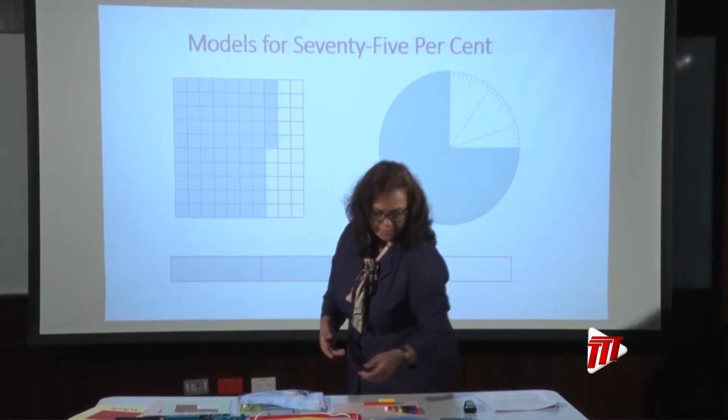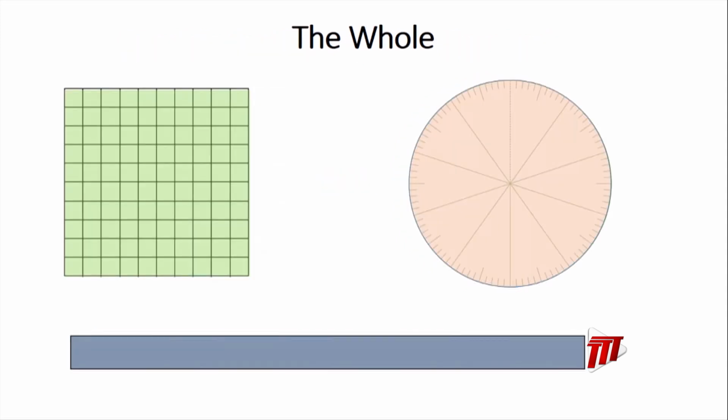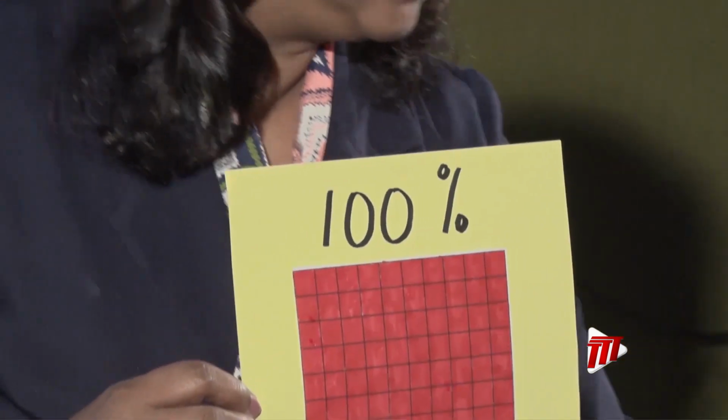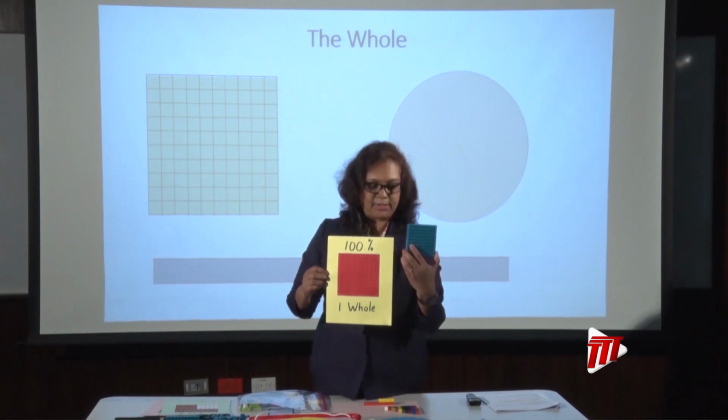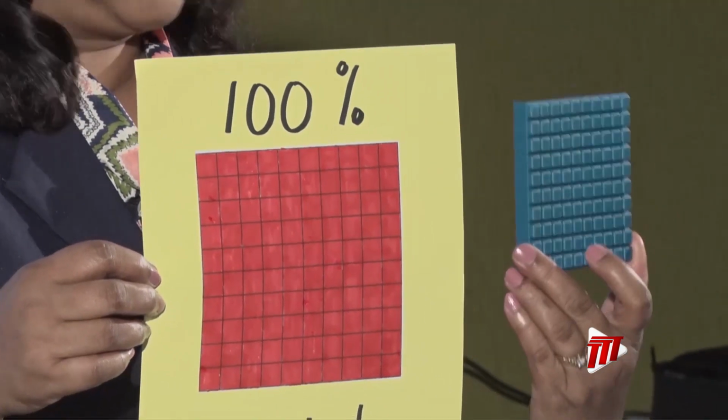Right, we're going to move on. So we have been talking about percent, we have been talking about parts of the whole. What about the whole? This is how we represent the whole. We can represent the whole using the grid. This is 100%. This represents one whole with 100 smaller units.